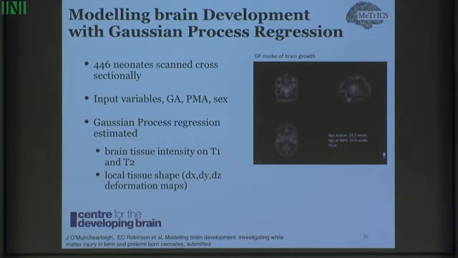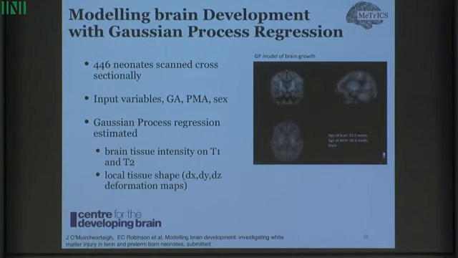So here we took all of the DHCP data, registered it into a common space, and then used the Gaussian process to predict differences in intensity and the deformation maps, whilst controlling for gestational age at birth, gestational age at scan, and gender.